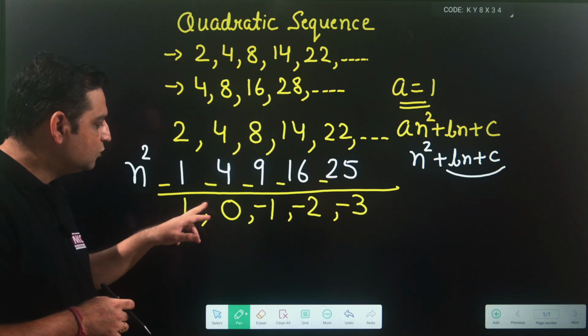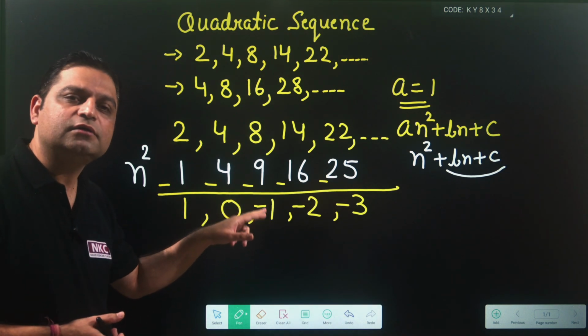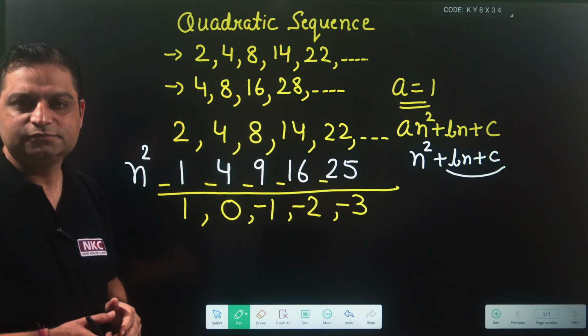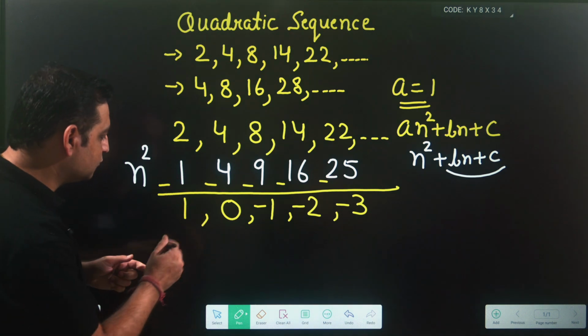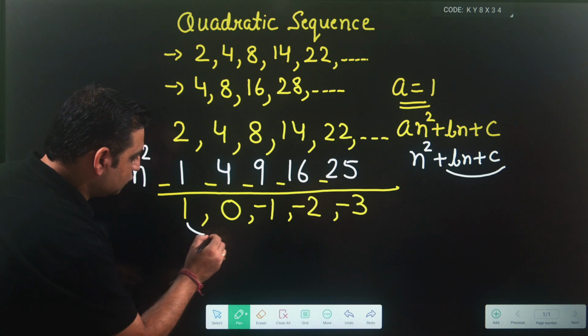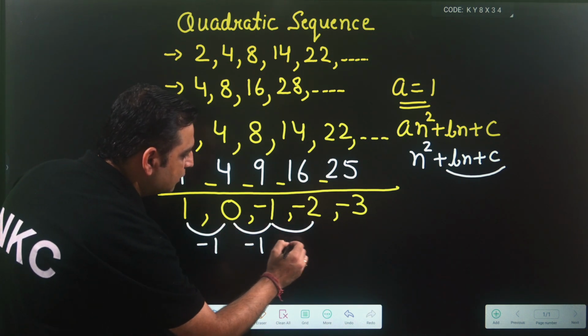See, from 1 to 0, I am subtracting 1. 0 to minus 1, I am subtracting 1. So the difference is minus 1 here. Going from 1 to 0, I have to subtract 1. Going from 0 to minus 1, again minus 1.